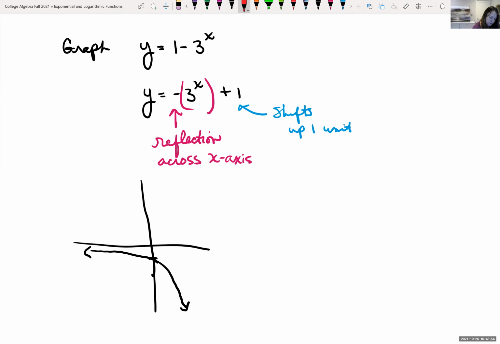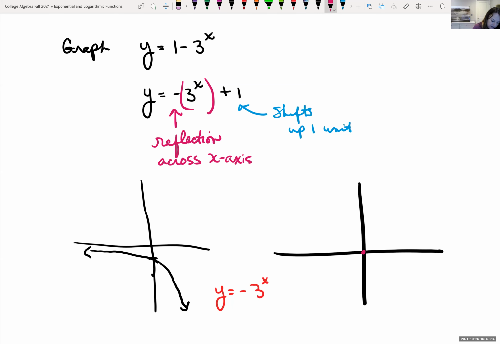So this is y equals -3 raised to the x. And now shift it up 1, that point that was at (0, -1) is now at (0, 0). And our horizontal asymptote is now going to be the line y equals 1.